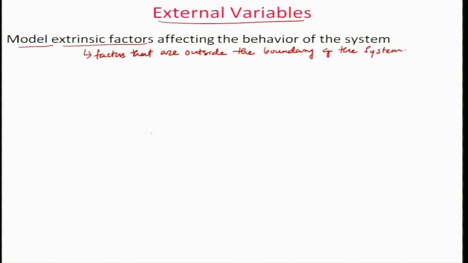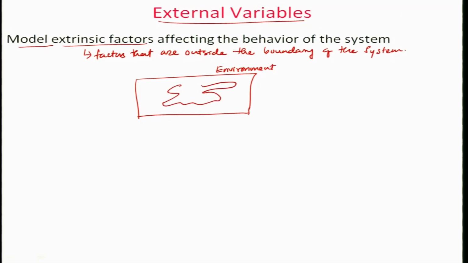So, as I have drawn earlier, if you think about this as what we call the environment, and let us assume that this is the system we are studying, this is the system of interest, then this part is the boundary.